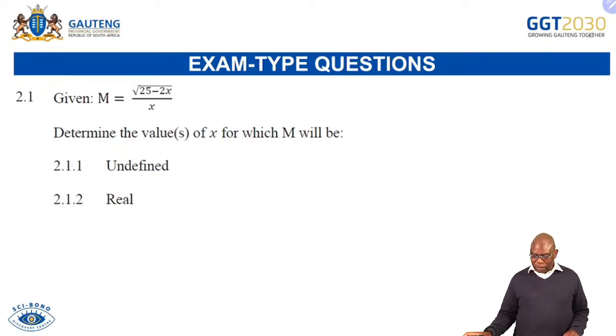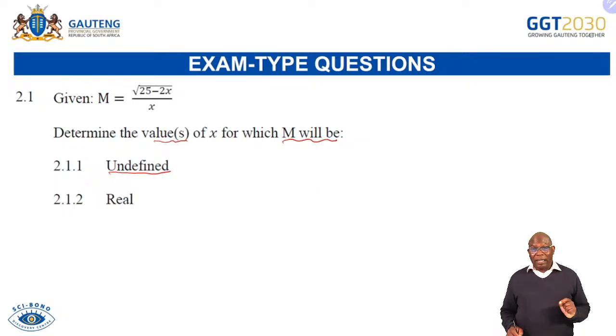First of all, it says, given m equals the square root of 25 minus 2x, all over x. Determine the value or values of x for which m will be, first, undefined.